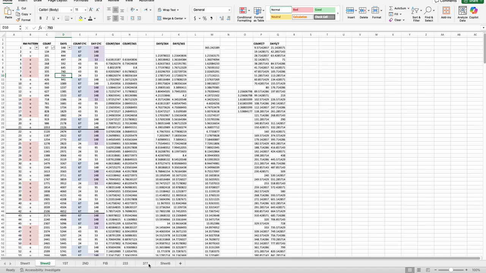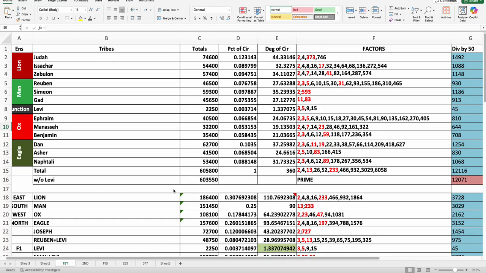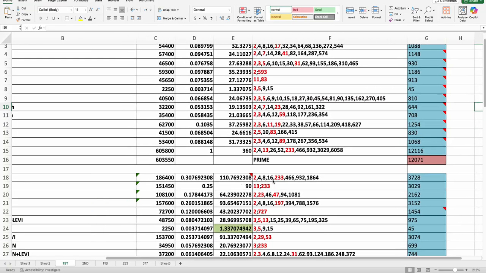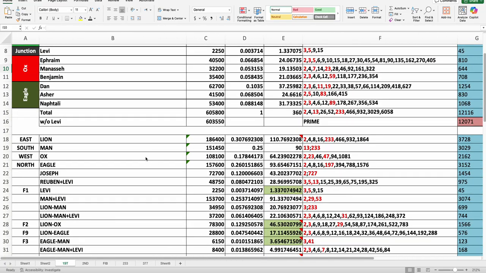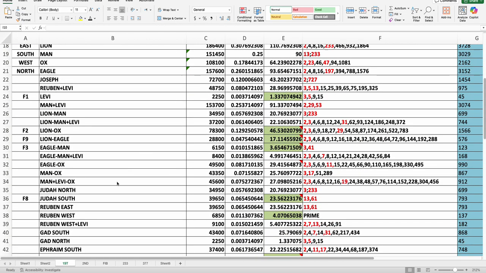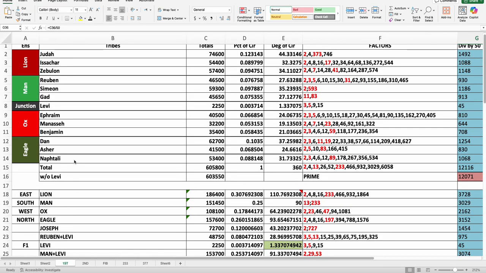You're going to see all these numbers when we're looking at these censuses. Again, that big number for the ecliptic that we found that was Judah South was 793, right? 39,650 reduces to 793. But that shows up again when we find the number for Levi in the first census, 225.